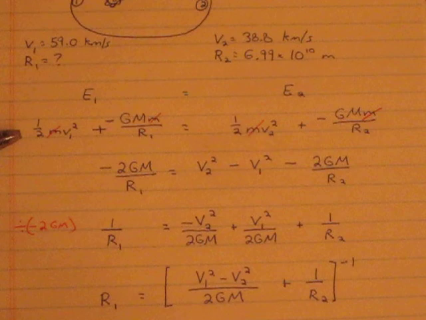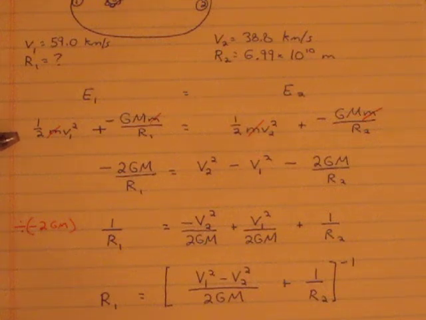I first subtracted this 1/2 v1 squared to get it to the other side, and I've multiplied both sides by 2 just to get rid of those fractions. Then over here, it's possible that I, in afterthought, regretted multiplying by 2 because here now I'm dividing both sides by 2.